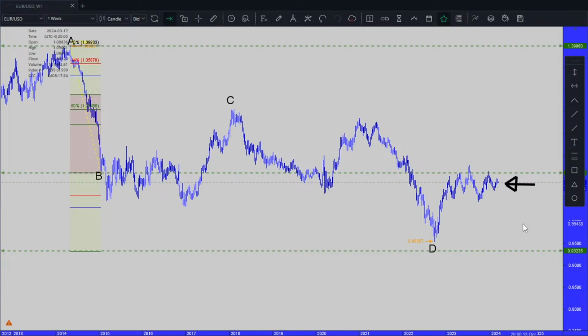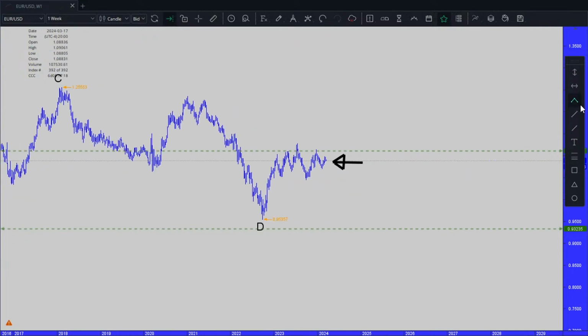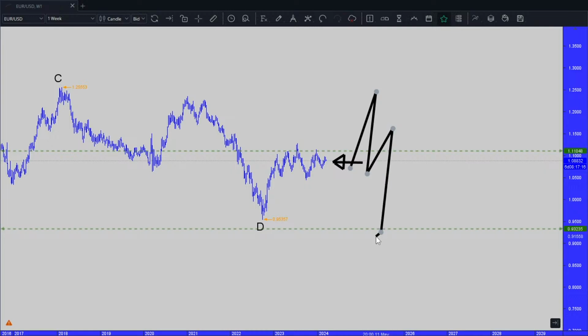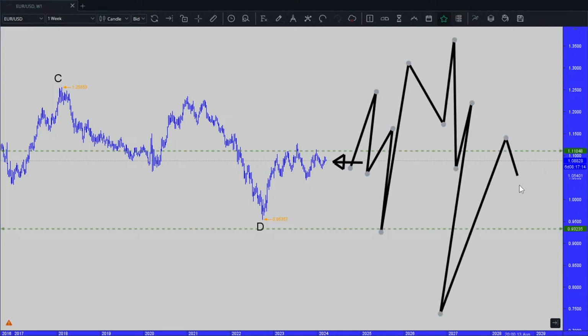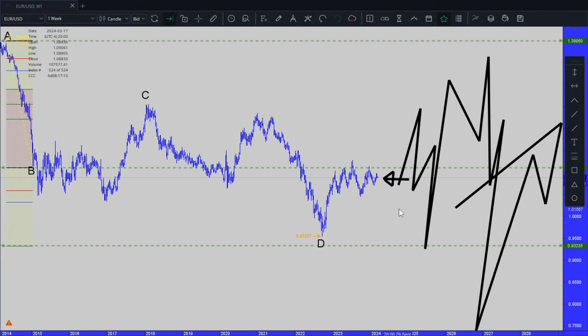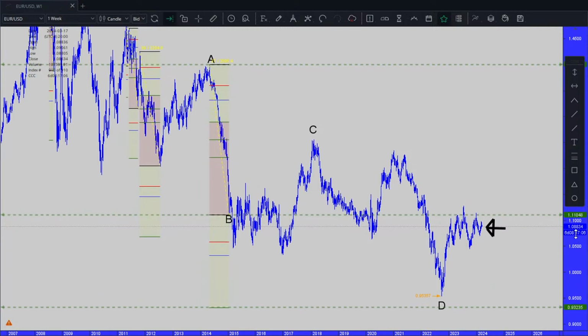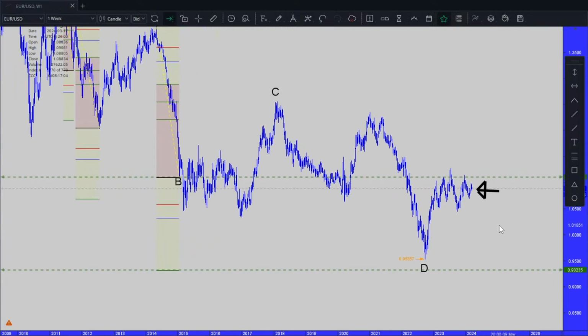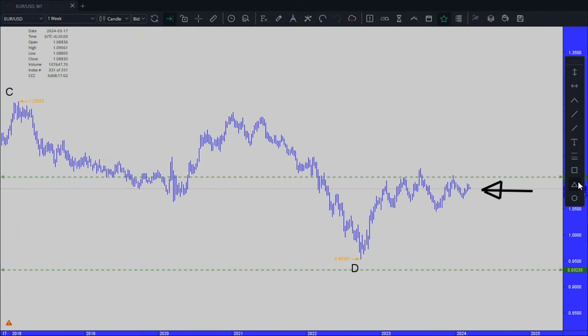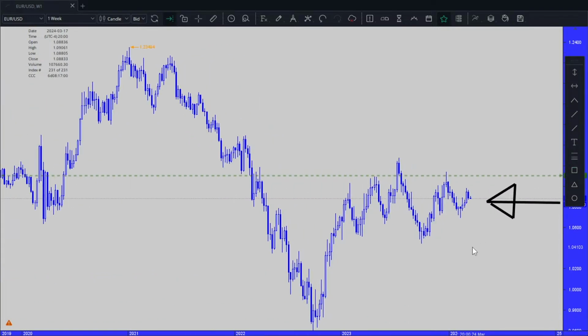Alright, so talking about probabilities, everybody, right? We are clear that the market can do anything it wants, when it wants, but not 7 times out of 10. Can you see it, everybody?